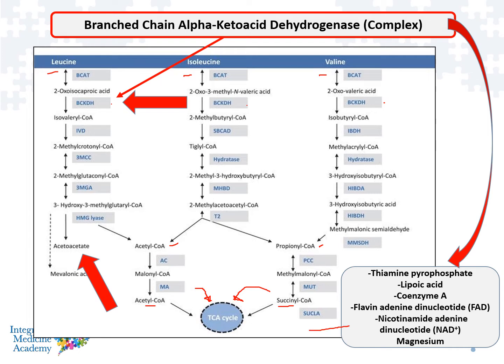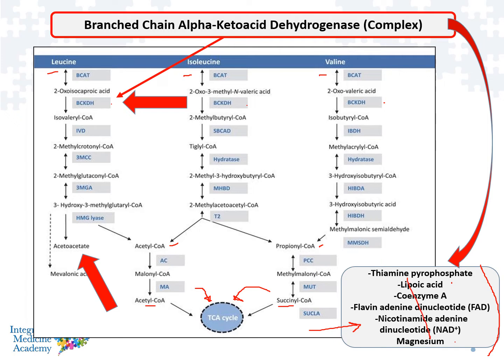What's important to understand is that this enzyme complex is dependent on these various nutrients. Thiamine pretty much being the rate limiting step, but coenzyme A, flavin adenine dinucleotide, so coenzyme A is linked to B5, FAD is linked to B2, nicotinamide adenine dinucleotide is linked to B3, and then of course we've got lipoic acid and magnesium.